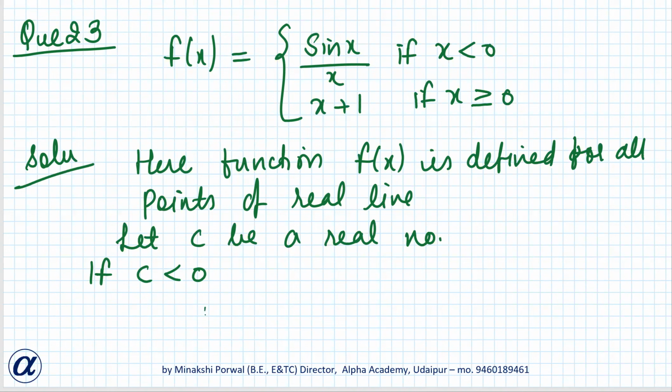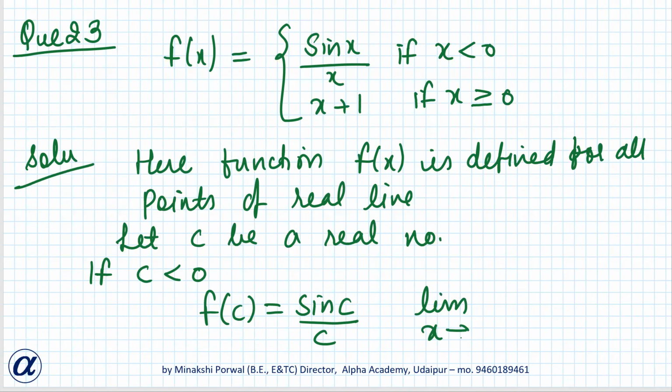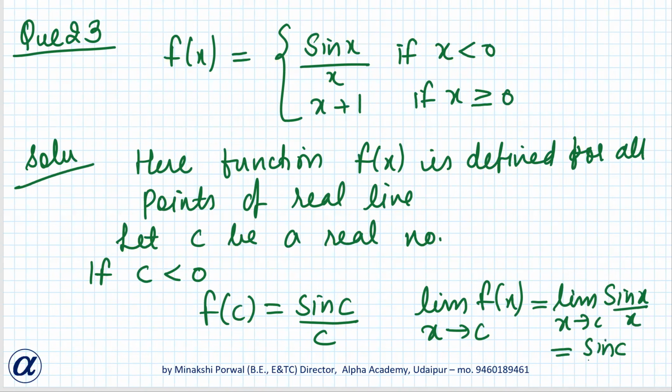So f(C) will be equal to sin C upon C, and limit x tends to C f(x) will be equal to limit x tends to C sin x upon x, that is equal to sin C upon C. Since limit x tends to C f(x) equals f(C), the function is continuous for x less than 0.